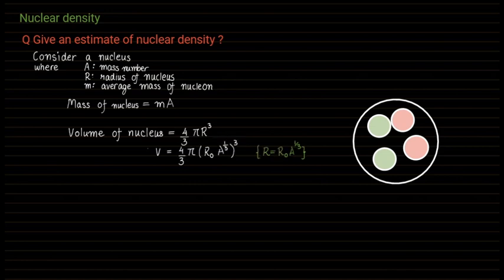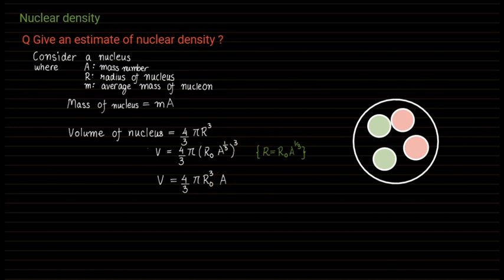If I substitute, I can write 4/3 pi multiplied by r naught A to the power 1/3, the whole cubed. Now if I open this bracket, r naught becomes r naught cube, and A to the power 1/3 multiplied by A to the power 3, what will it be? It will become simply A. Therefore my volume can be written as V equals 4/3 pi r naught cube multiplied with the mass number A.